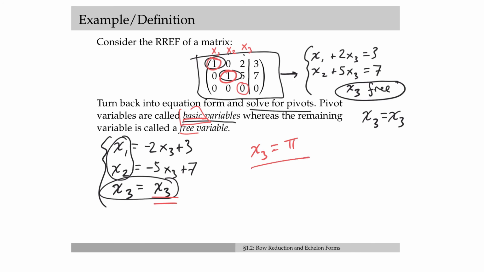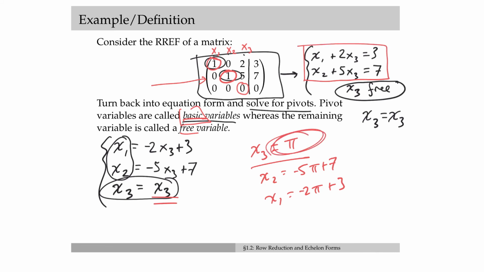Well, if x3 is pi, then x2 is forced to be negative 5 pi plus 7, and x1 is forced to be negative 2 pi plus 3. Well, how many solutions will this matrix equation have? Or namely this system? Well, infinitely many. There's just one solution for every choice of x3.